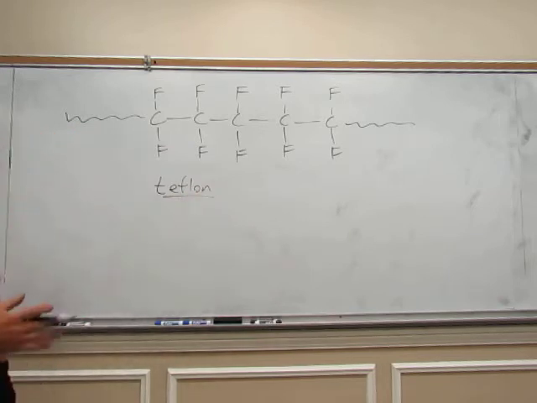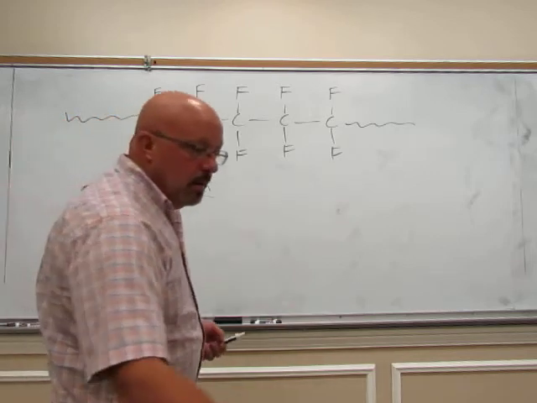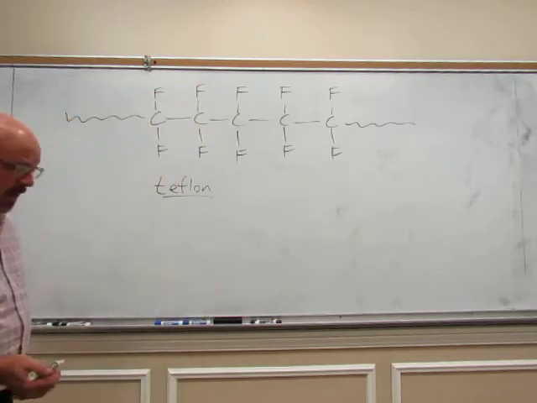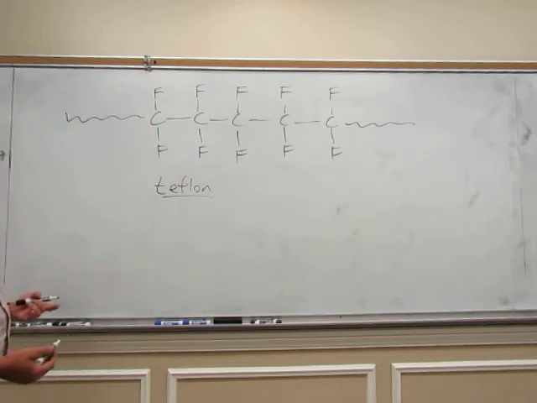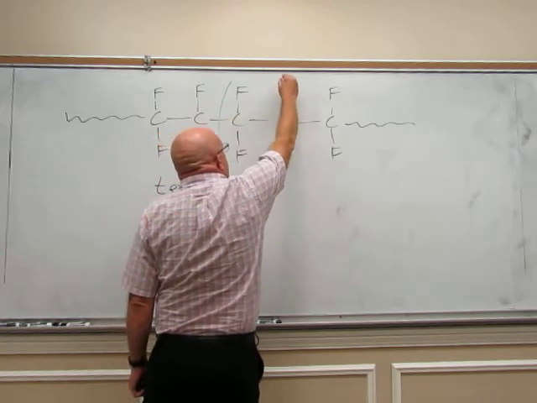So it's used to create non-stick surfaces, like a Teflon skillet you may have in your kitchen, and Teflon tape to wrap around connectors and such used in plumbing. Again, it's the two carbons that are repeating. You're always looking for two repeating carbons.